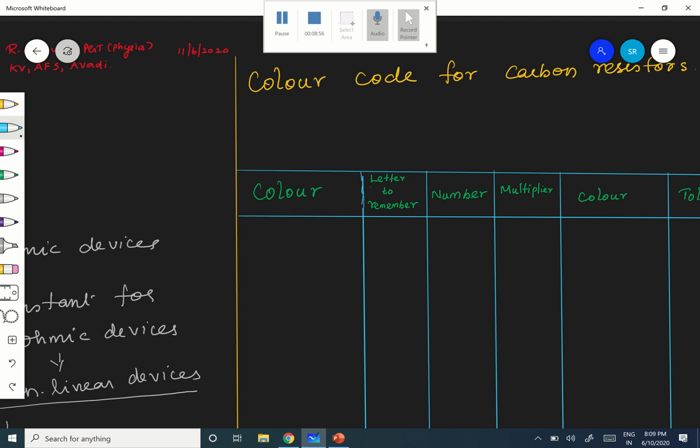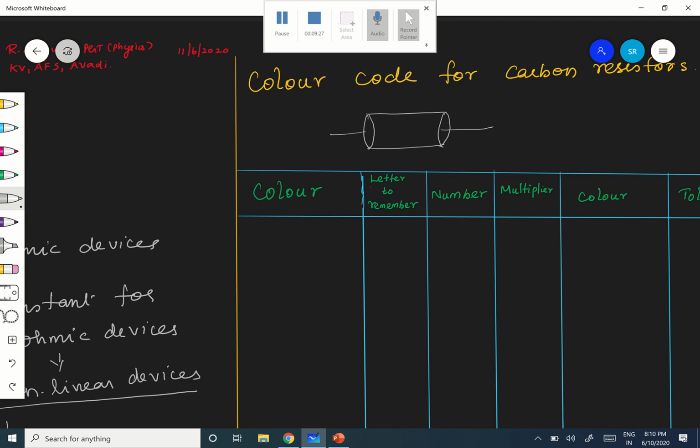So how is it made? These are made by molding carbon into a cylinder type, and there will be a wire on both sides. It is covered with either a plastic or ceramic jacket.